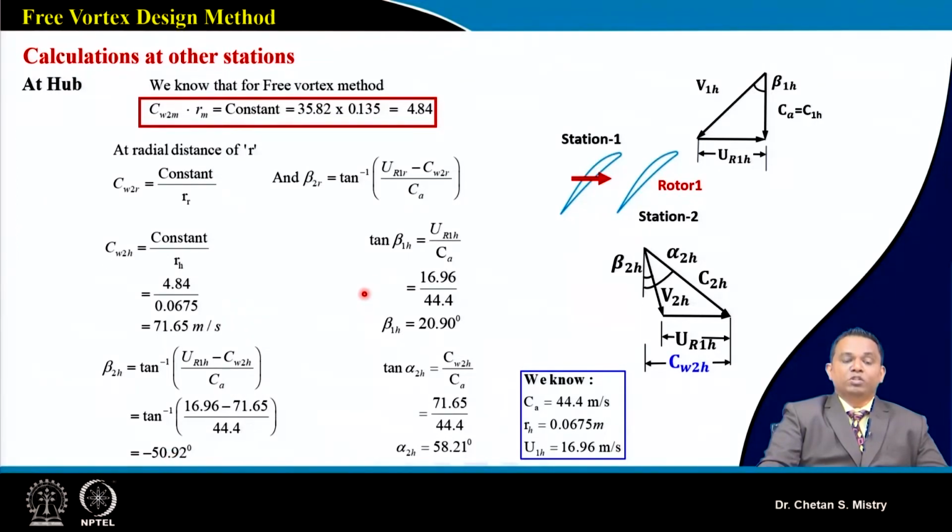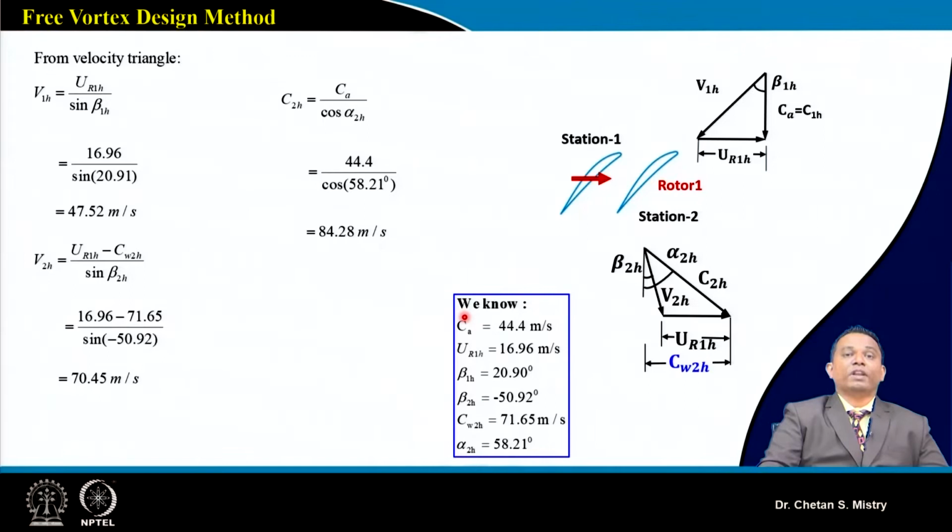Same way, based on velocity triangle, we can do our calculation for beta 1, and that is coming 20.90. Be careful when we are doing our calculation at different stations. Accordingly, you need to modify your velocity triangle. Here at the hub station, the velocity triangle is coming to be different.